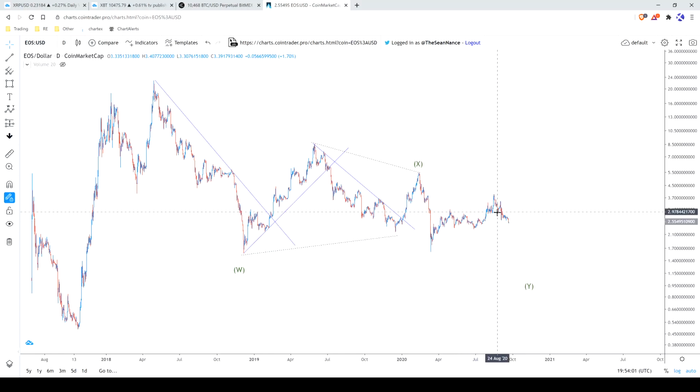This is obviously an ABC. Similar to XTZ, we have an A, B, and we're putting in some kind of C wave.